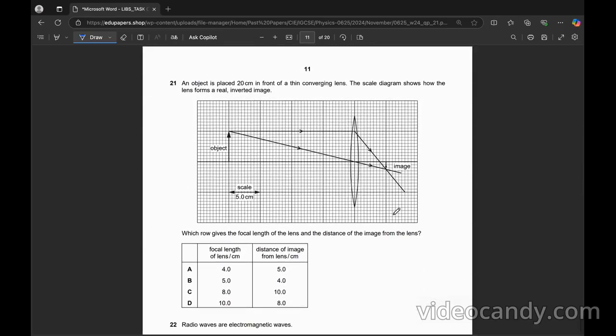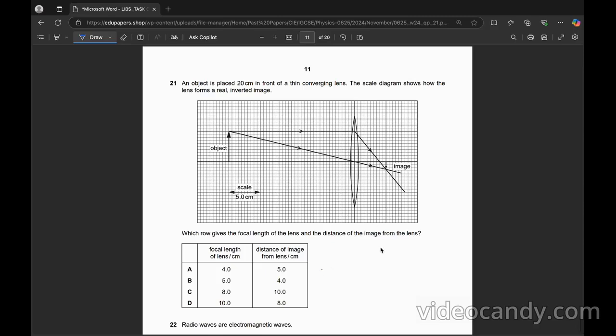21. An object is placed 20 centimeters in front of a thin convergent lens. The scale diagram shows how the lens forms a real inverted image. Which row gives the focal length of the lens and the distance of the image from the lens? We choose the easier one that you can see.